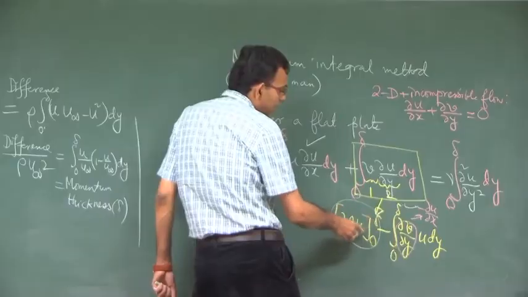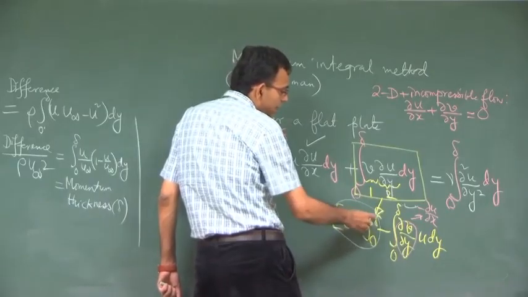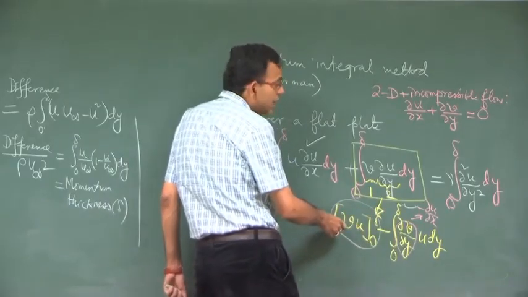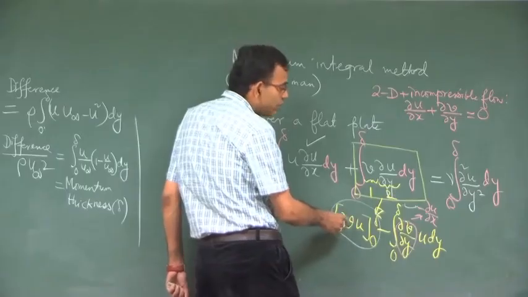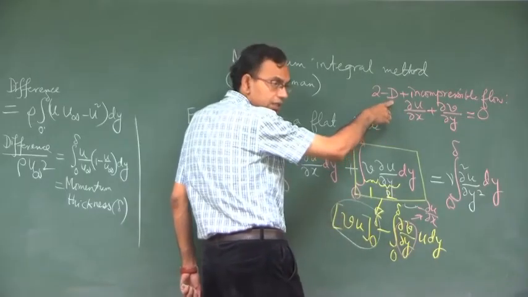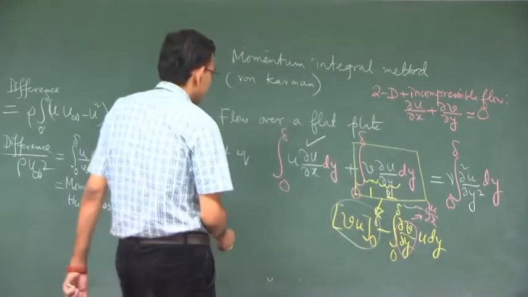Then comes this term, u at delta you know u infinity, but v at delta which is v infinity, that you do not know. So, to calculate that we will integrate the continuity equation.